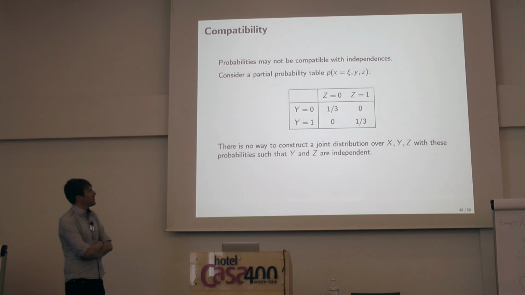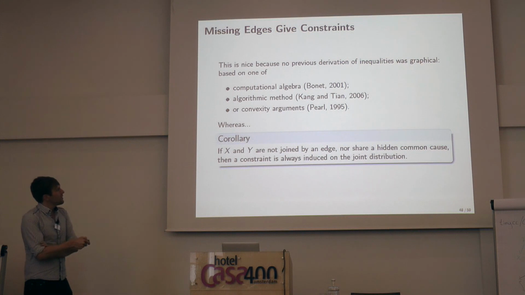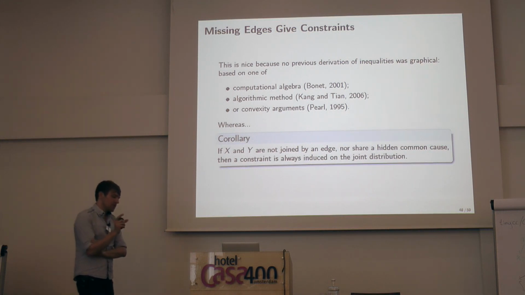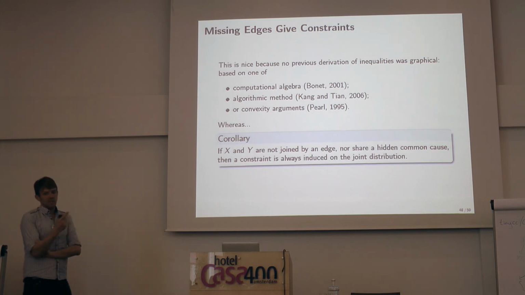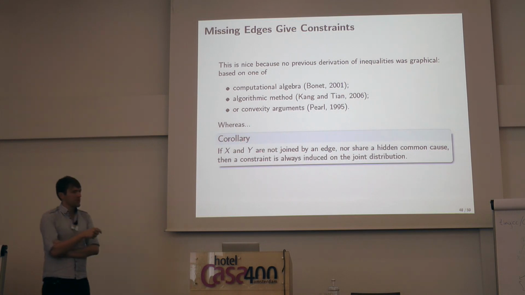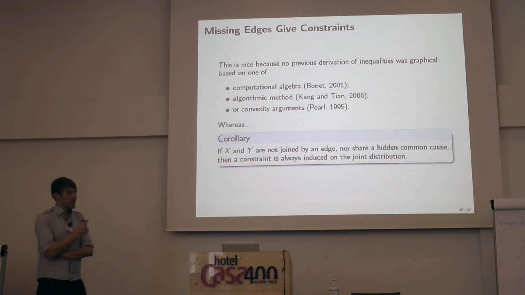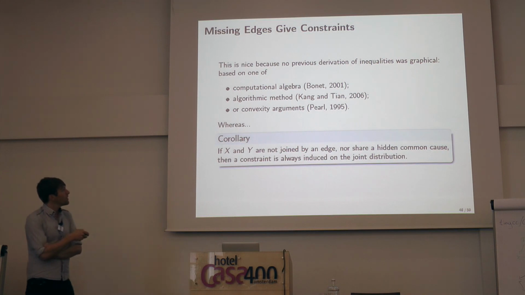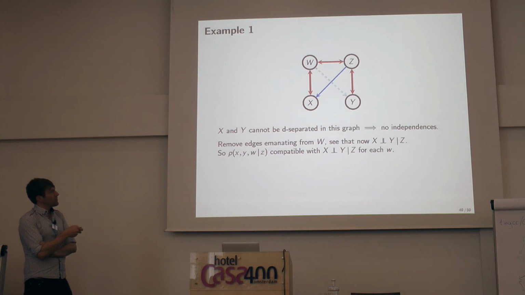But it basically turns out that if you have a graph with any vertices which are not joined by an edge, and they don't have a hidden common cause, so in the ADMG sense that really just means not joined by an edge, then there is always some constraint, at least in the discrete case, that you could test. It may not be an equality constraint, but there'll always be something you can look at. Here is an example of this. This graph is a full dimension, but there are inequality constraints as well.